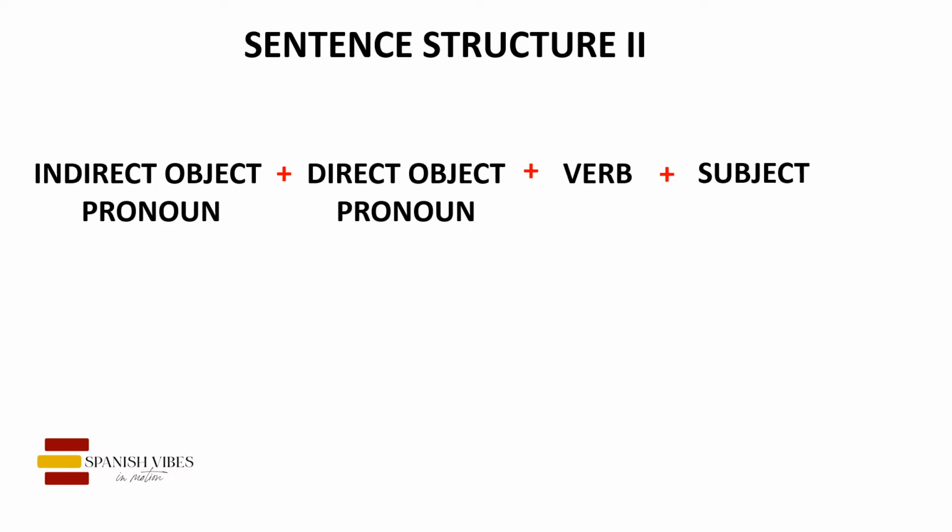So the new sentence structure to avoid misunderstandings is indirect object pronoun plus direct object pronoun plus verb plus subject. So in the example, a mí me gusta la pizza, this is how we build the new sentence.